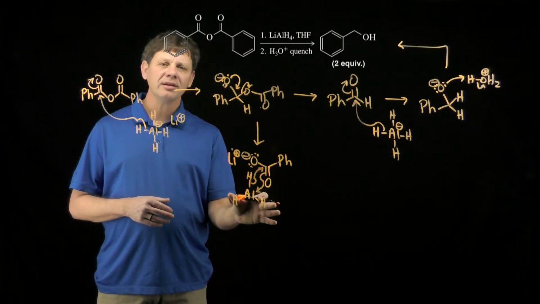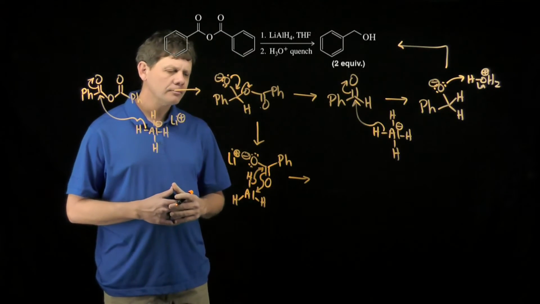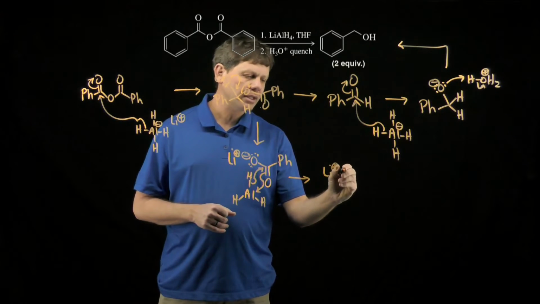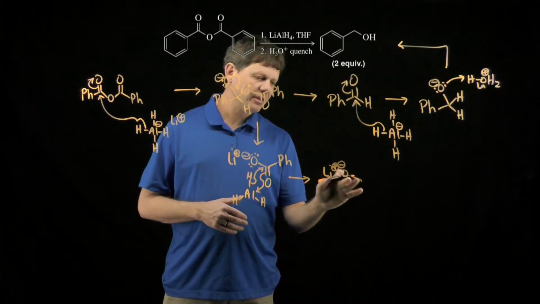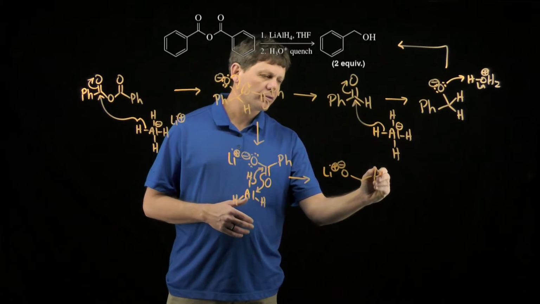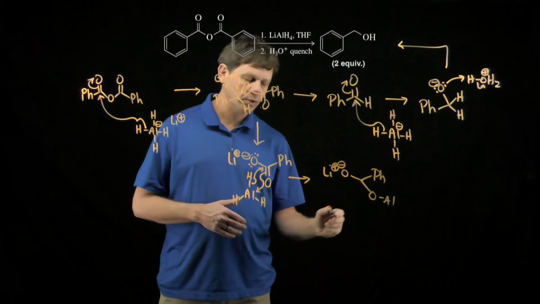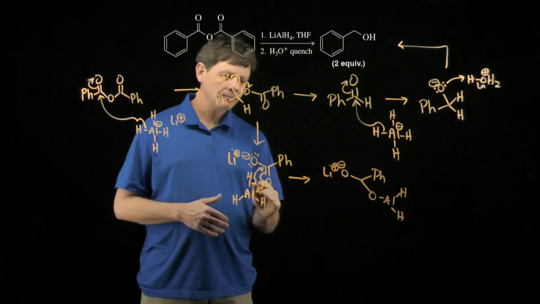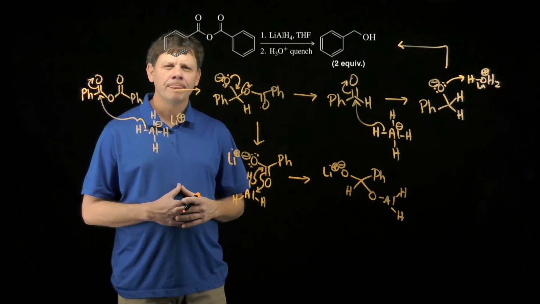This should be reminiscent of the reaction of borane with a carboxylic acid. If we follow those arrows, what we end up with, we'll still draw the lithium hanging out by the oxygen. We can have this oxygen-carbon bond. There's our phenyl group. This oxygen will now be attached to aluminum, which has 2 hydrogens. And we've got our new hydride added.